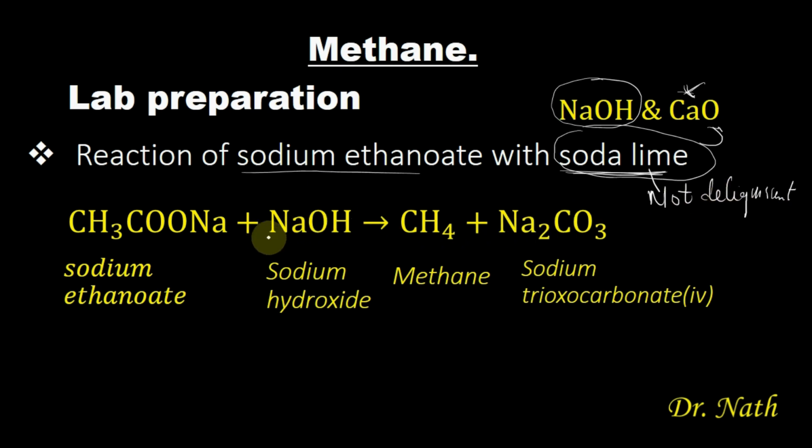So if you use only sodium hydroxide, it will absorb water from the surrounding environment and dissolve in it, and that will interfere with the production of methane. That will interfere with the reaction. So that is why we use soda lime, because soda lime is not deliquescent.